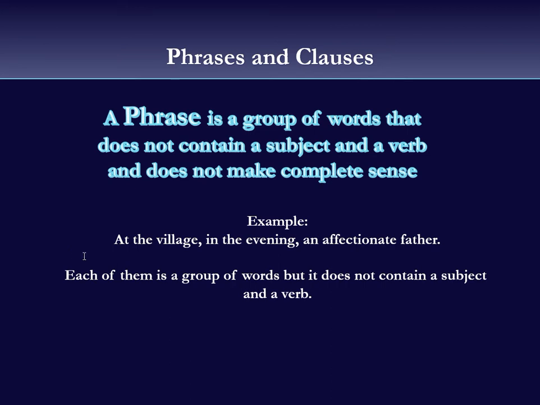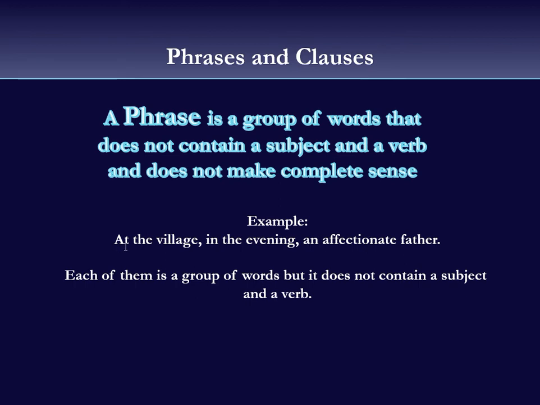So here in these examples we can see at the village, there is no subject, there is no verb. Same here in this example, in the evening, and here, an affectionate father, there is no verb here.